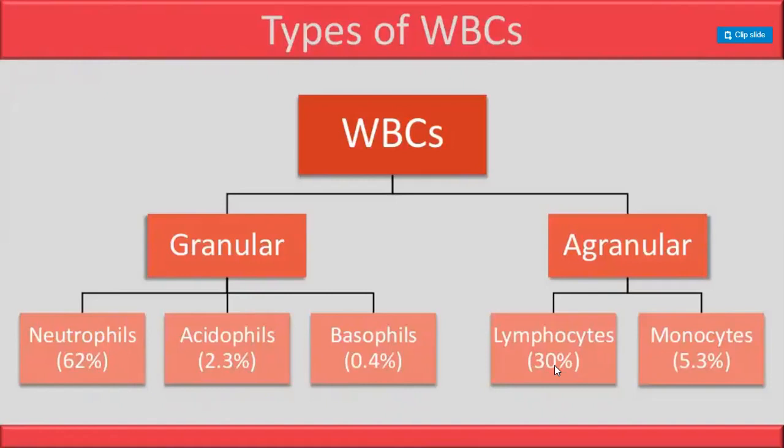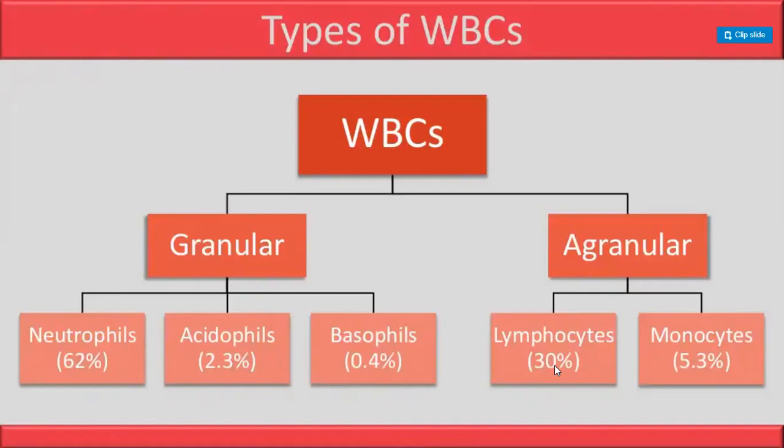It's supposed to be 30%. So if a patient has 50% lymphocytes, it shows that something is wrong somewhere. Or if you find that the number of acidophils or eosinophils increases to 10% instead of 2.3%, that should tell you that something is wrong with whoever that blood sample was taken from.